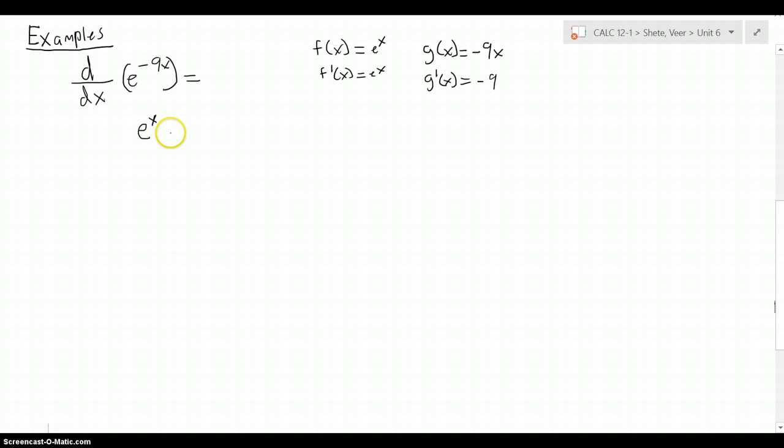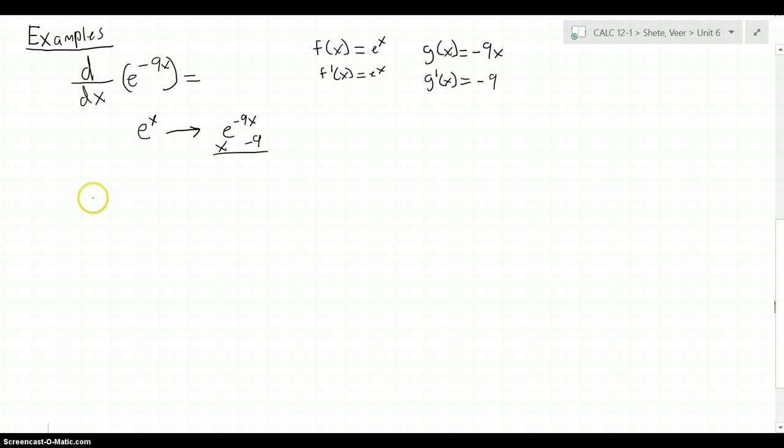But we must plug in our g of x for our x value. So that turns into e to the negative 9x. And now we must multiply this value by the derivative of g of x, which is negative 9.